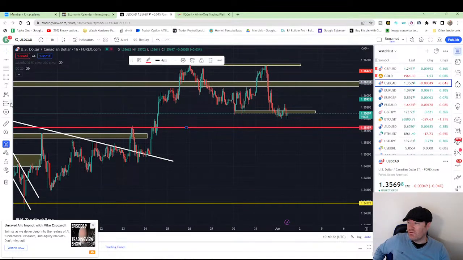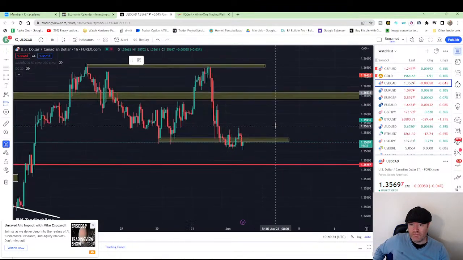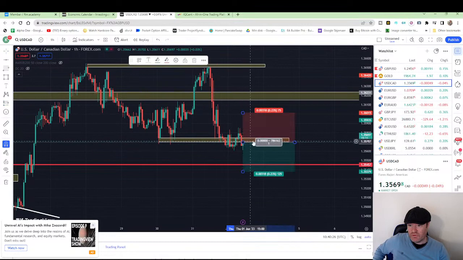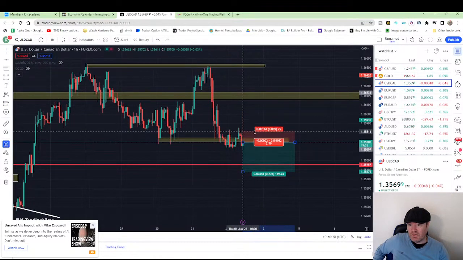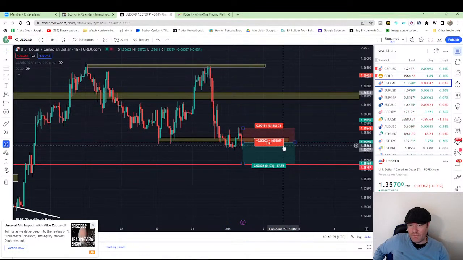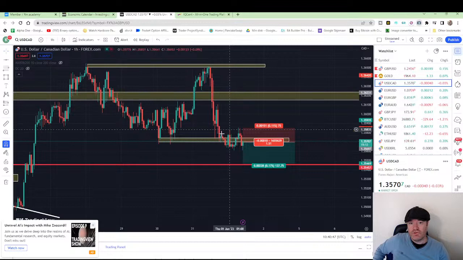So let's see how a trade like that can look like, as we have a nice retest here now. I will take the stop loss just about there, and let's target. Then we can add on the stop loss, because I don't need more than 1.5. I'm happy with that. This for me is a quite beautiful trade. So we go for that one. Let me take a screenshot of that.